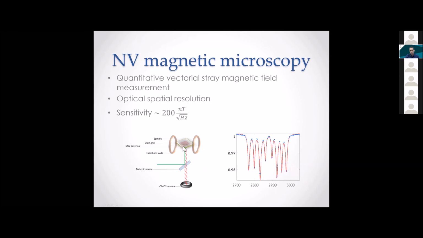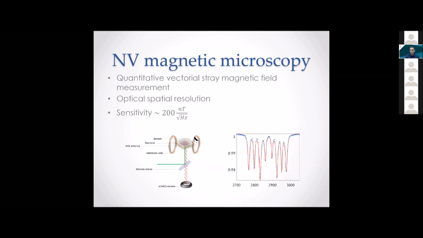We basically build an optical fluorescence microscope, in which we shine green light on our diamond slab with the NVs near the surface, and then we collect the fluorescence coming out of these NVs onto a camera, so that we can image the fluorescence coming out of these NVs.